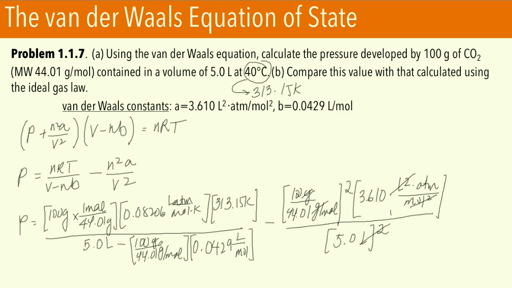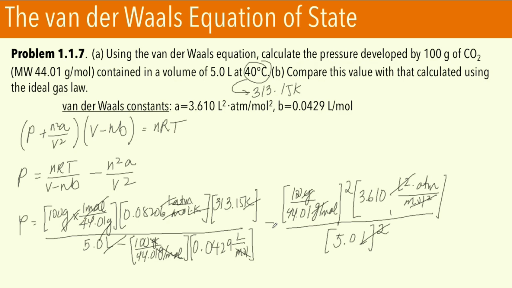And then over here we have grams, grams, moles. So we have liters, and then we have moles here as well. So moles cancels out with moles. Liters cancels out with liters down here. Kelvin, Kelvin, and we're left with atmosphere minus atmosphere.